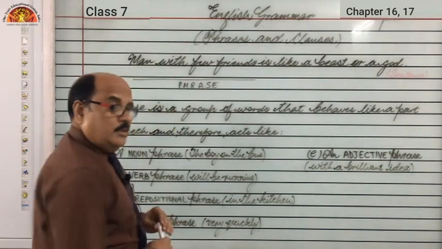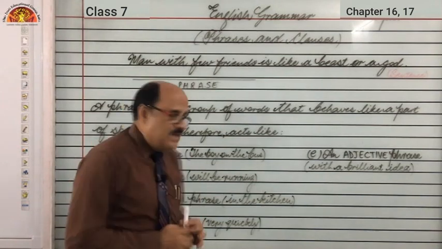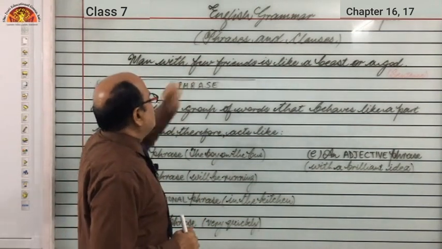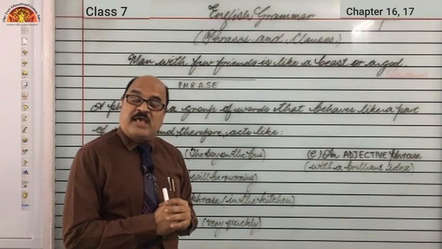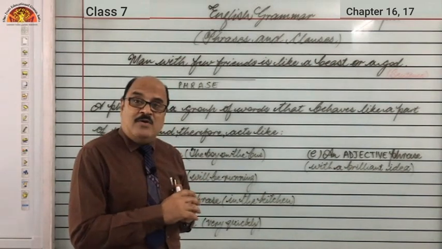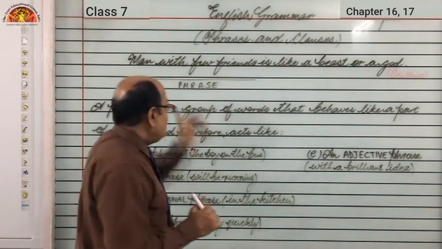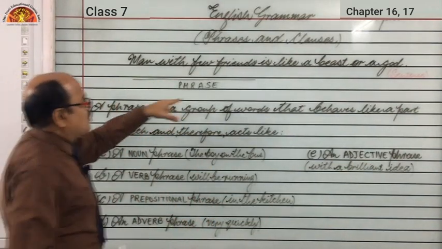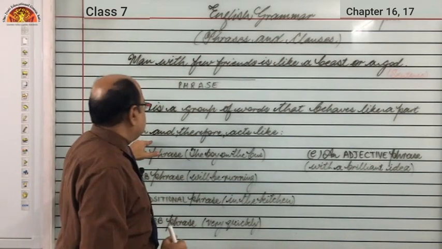Next, there are so many kinds of phrases. This group of words can have a noun, a verb, an adverb, an adjective, a preposition. So, look here: a phrase is a group of words that behaves like a part of speech, right?